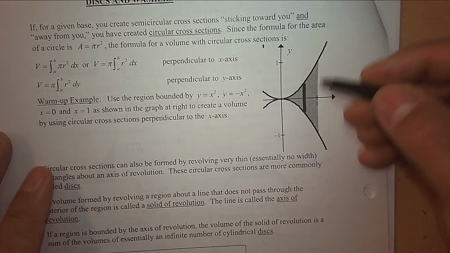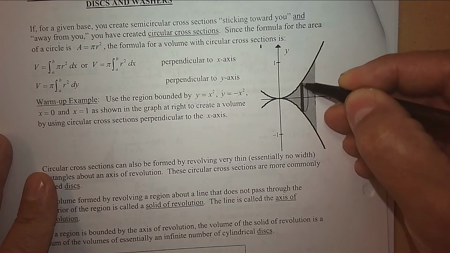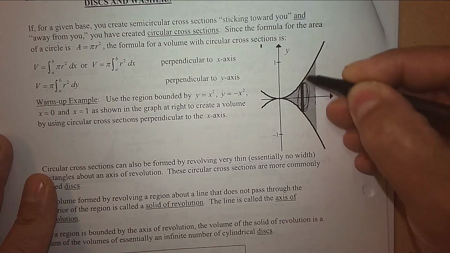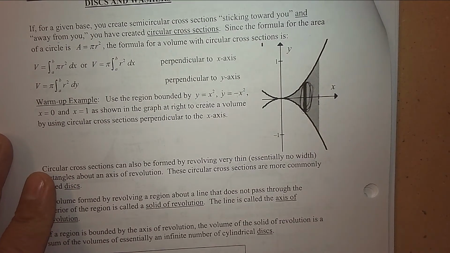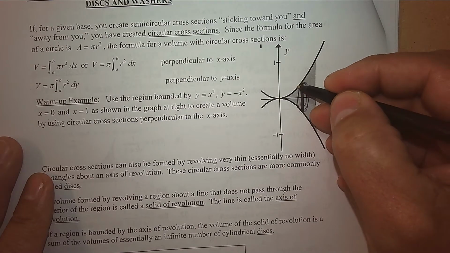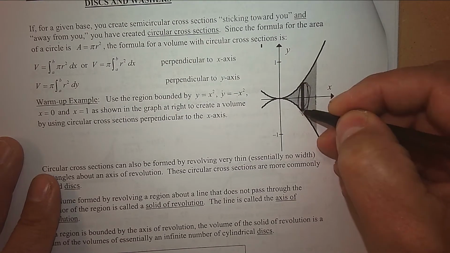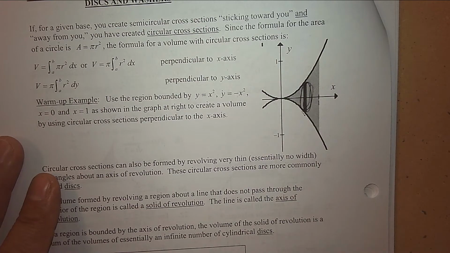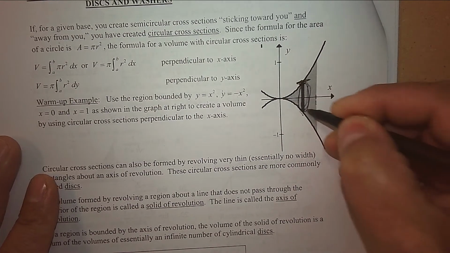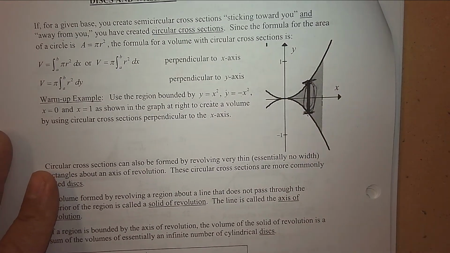So I need you to picture the full circle that's here. If you cut it, there's a full circle. So if I take it all the way from the top to the bottom of the graph, that would be the diameter.